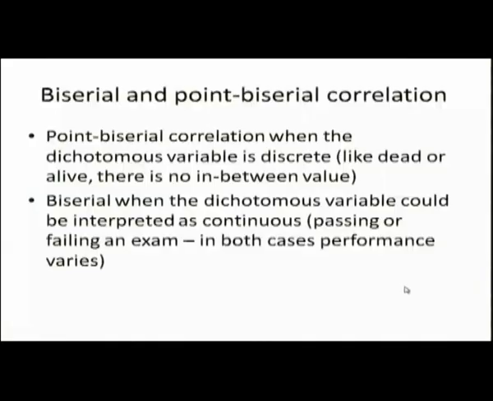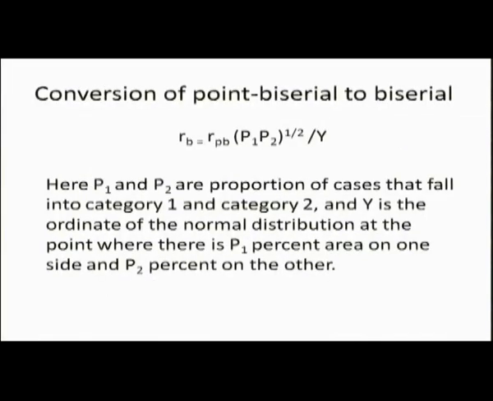Biserial has to be calculated by using a formula after calculating simple correlation between raw values of one variable and dummies for the qualitative variables.